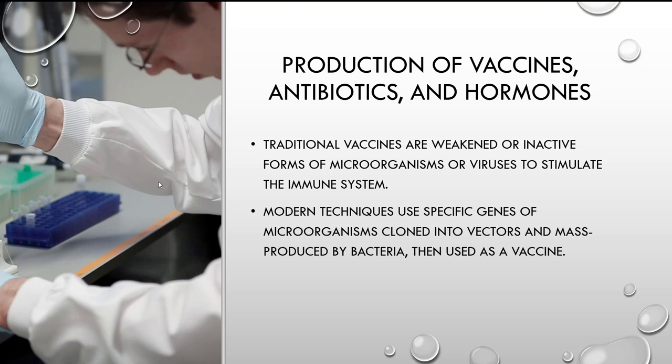So that might be a little bit better in the vaccinations that you're getting. It might last a little bit longer, I should say, in protecting the coverage of the vaccine. Okay, so that's traditional vaccines versus modern. More modern ones might be a little bit more broadly covered.